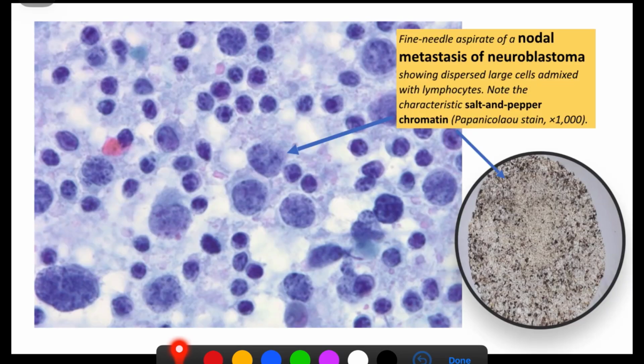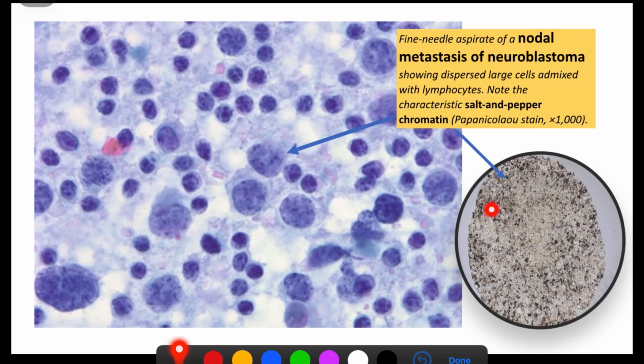Now, this is a smear showing neuroblastoma metastasis to lymph node where you can identify this type of dispersed large cells with round nucleus, moderate amount of cytoplasm, but the characteristic feature is salt and pepper like chromatin. So some light and dark chromatin clumping is there.